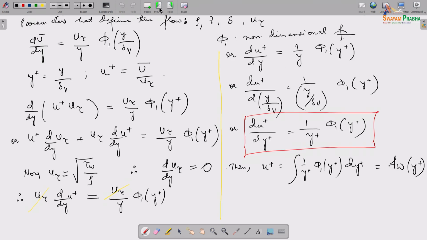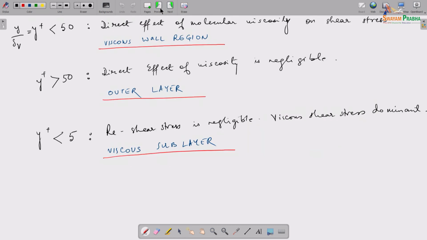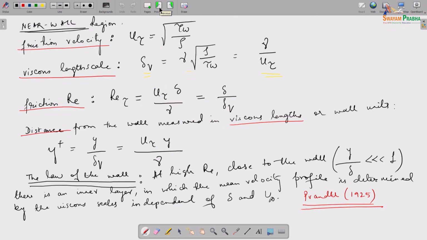If I go back to the previous thing, this is your u tau, and this is your y plus, so this is essentially the relationship.